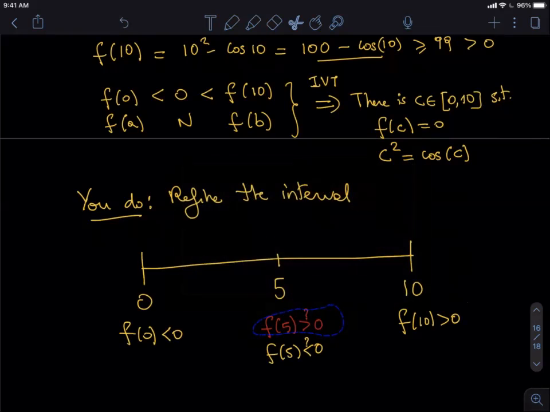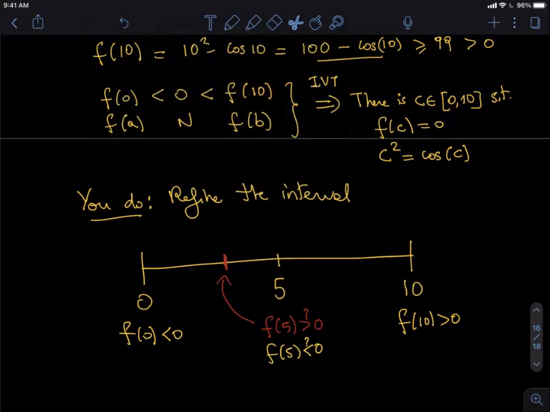If it's positive, then you try to find your c on the left. Okay, it will be somewhere on the left of 5. Because you see f of 0 is negative, then you found something positive that is b equal 5.